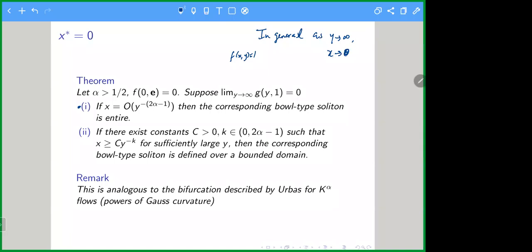If it approaches 0 kind of slowly, that is, if it converges to 0 slower than y to the -2 alpha minus 1, then your solution lives inside a cylinder. Okay, so it's an almost complete classification of flow speeds for which the solution is entire and for which the solution lives inside a cylinder.